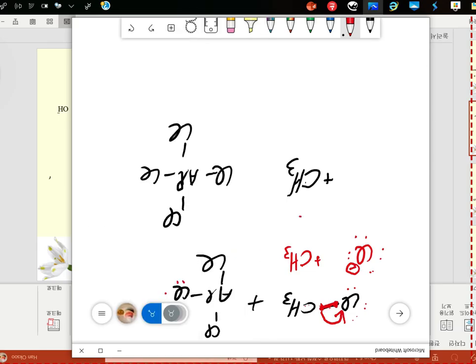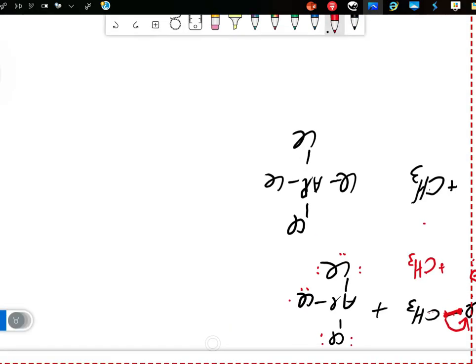All this chlorine has non-bonding electrons like this.